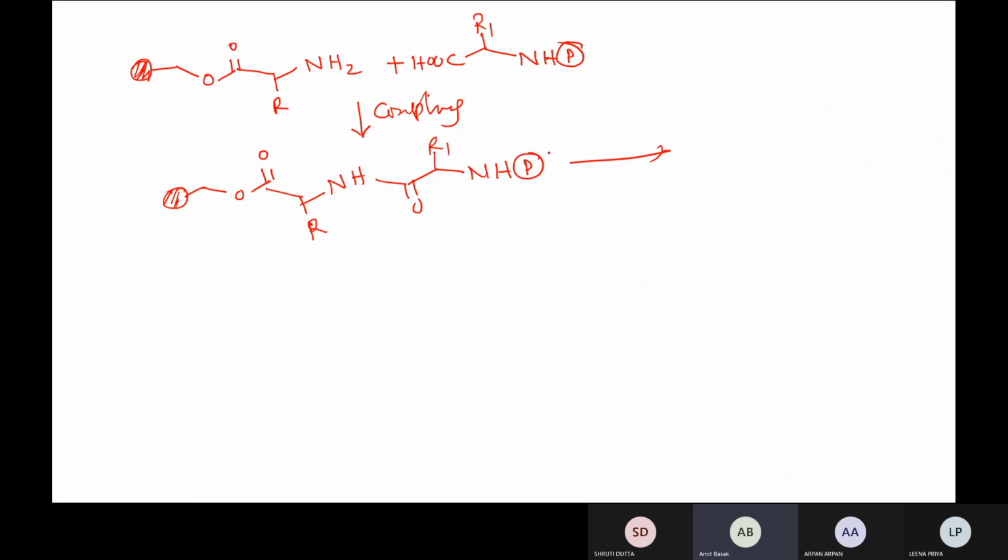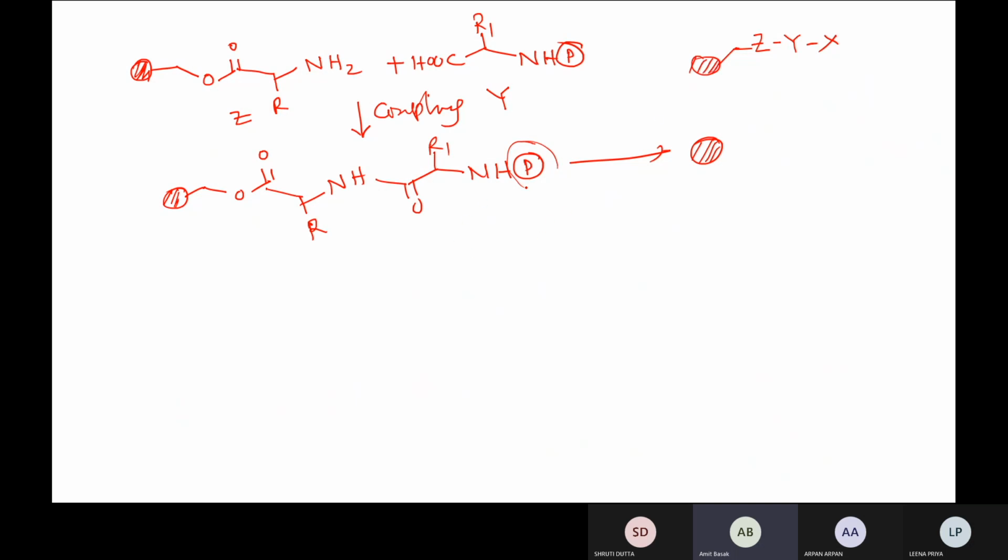So then again deprotect this one, you have to take it off and repeat it with the X amino acid now. Okay, because that is your Z amino acid, this part. This is your Y amino acid. So the synthesis is going actually along the reverse direction. You are actually making Z, Y, X, and Z is connected to the resin.